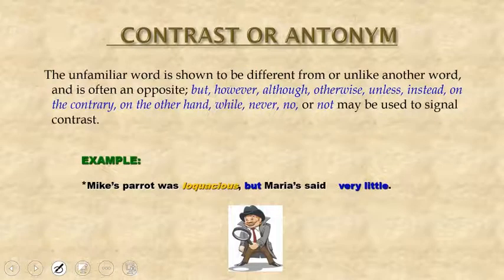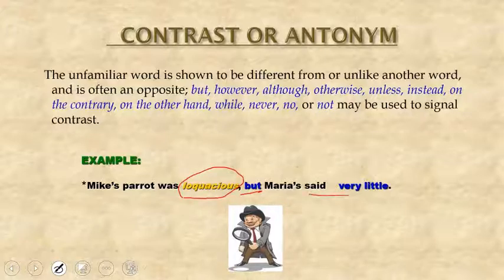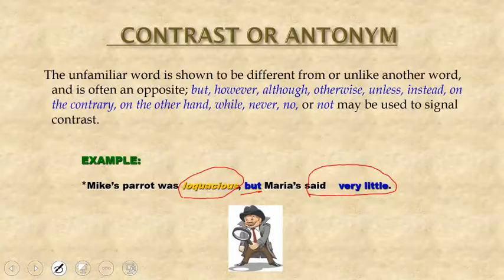Let's see an example. "Mike's parrot was loquacious, but Maria's said very little." The "but" tells us that the antonym for loquacious is in the phrase "said very little." That means loquacious is the opposite, it means talking a lot.